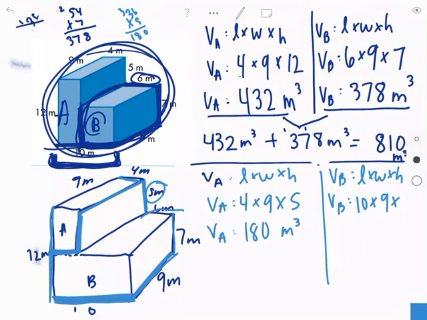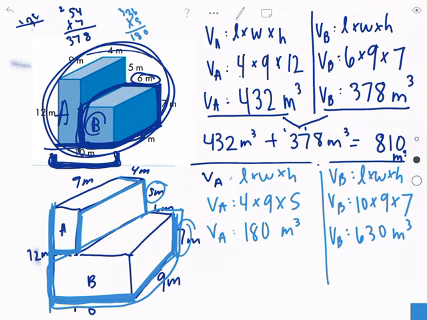So notice we only want this part of the height because if we measure 12, we're also measuring A in there. So we only want this part of the height, which is 7. So 10 times 9 is 90 times 7. 9 times 7 is 63, add a 0, 630 meters cubed.